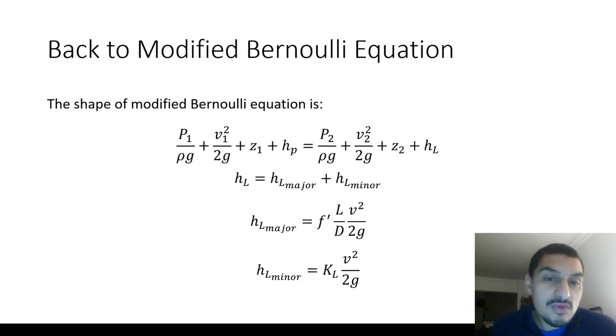In case we have more than one source of minor losses, for instance, we have entrance effect, we have connections, we have valves, then we will add all the values of the KLs so that we account for all of them, and multiply the sigma KL by the V square over 2g.